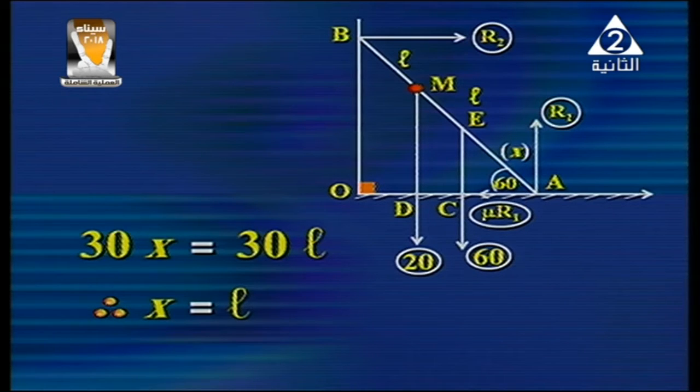Dear student, look, the example is very important. What is the important rule? If we have general equilibrium, we have three very important equations. The first equation represents the algebraic sum of forces in the x-axis, which must equal 0.